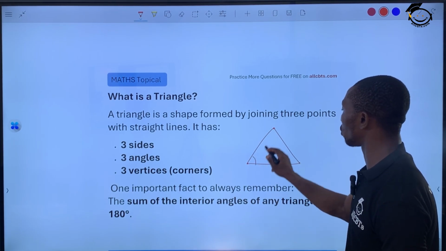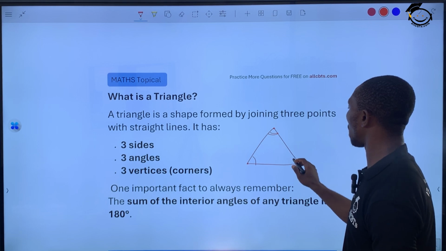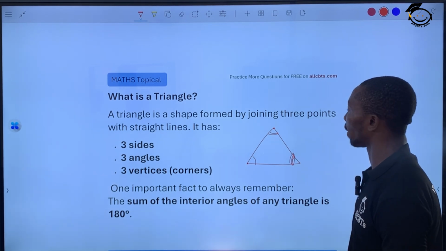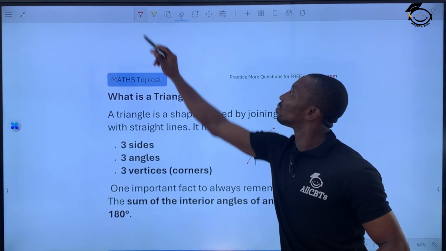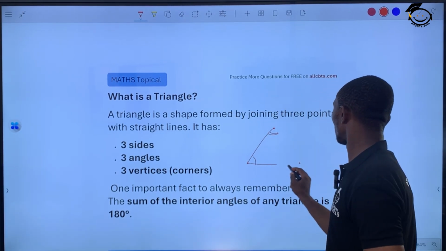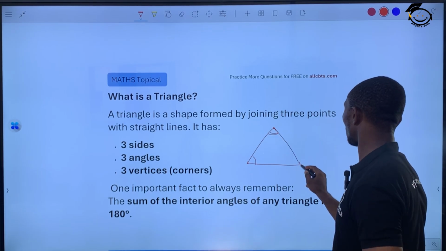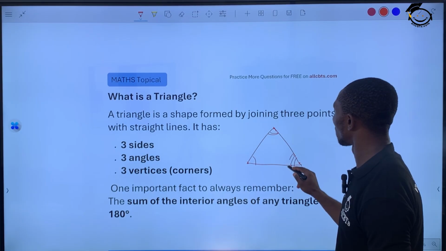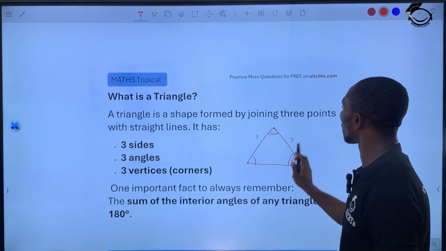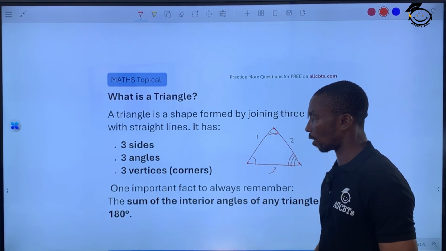Three angles: angle 1, angle 2, and angle 3. And it has three sides: side 1, side 2, and side 3.